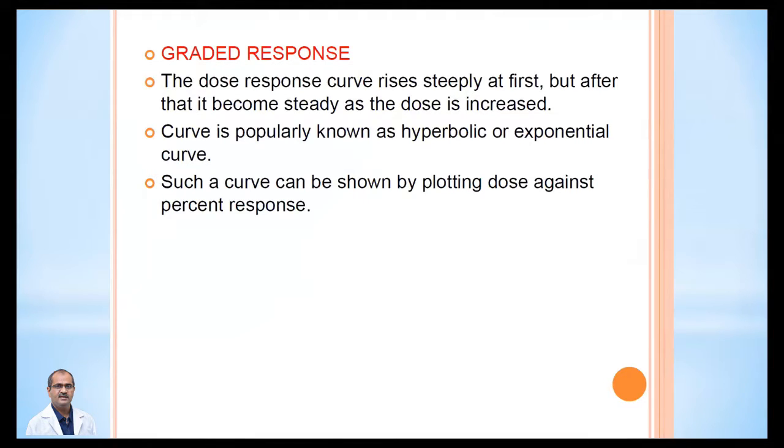And the graded response is the one where the dose response curve rises steeply at first, but after that it becomes steady as the dose is increased. That's known as the graded response. As the dose goes on increasing, there will be a graded response of the drug, and the curve is popularly known as a hyperbolic or exponential curve.